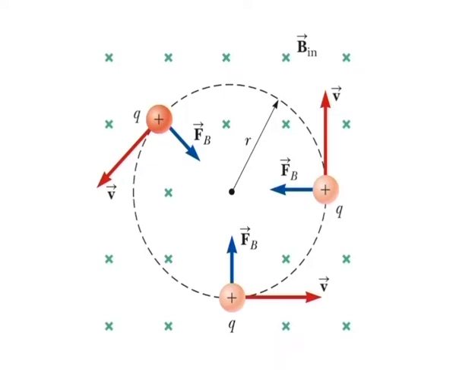The particle moves in a circle because the magnetic force is perpendicular to the particle's velocity and magnetic field and has a constant magnitude qvB. As the figure illustrates, the rotation is counterclockwise for a positive charge in a magnetic field directed into the page. If q were negative, the rotation would be clockwise.